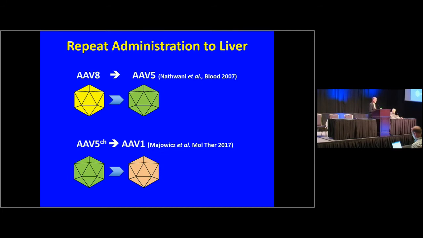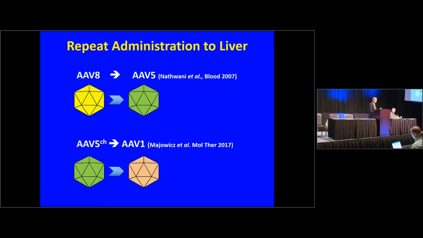Now, obviously, once you have achieved gene transfer, the body will subsequently develop a neutralizing antibody against the vector that you injected. In this case, you can't re-administer the vector, but there has been success in non-human primate studies swapping out capsids.